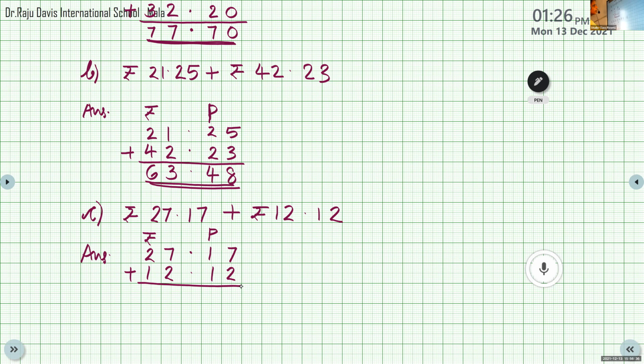Find out the answer and tell me. 1, 2, 3. And the answer is 29 paise. Very good. 39 rupees 29 paisa.